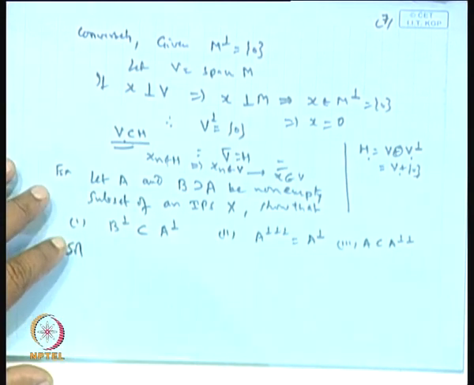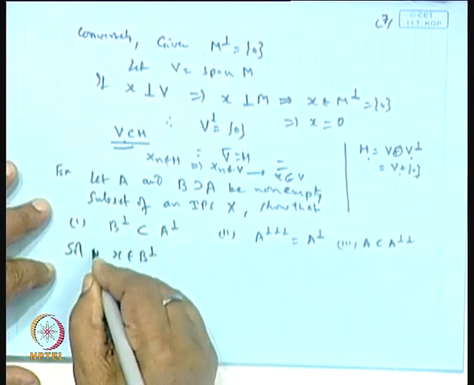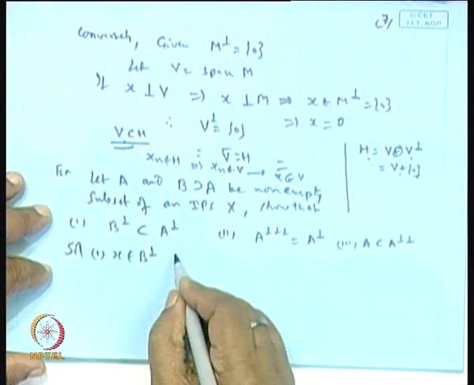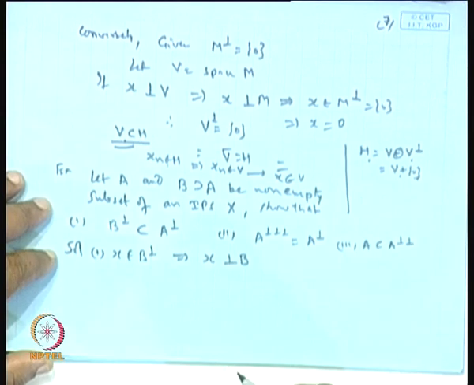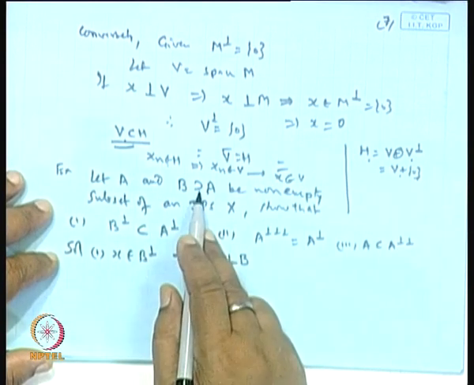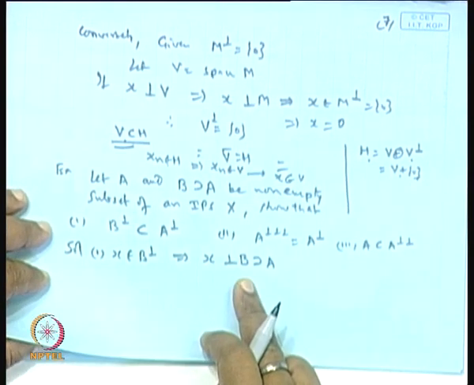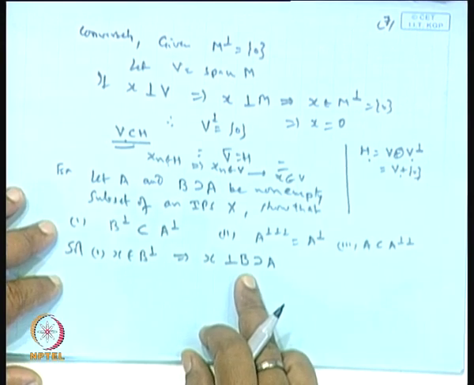Solution. Let us take X belongs to B perpendicular, first part. Then X belongs to B perpendicular means X is perpendicular to B, but B is a superset of A. So, X is orthogonal to B means for every point of B, the inner product of X and B will be 0.